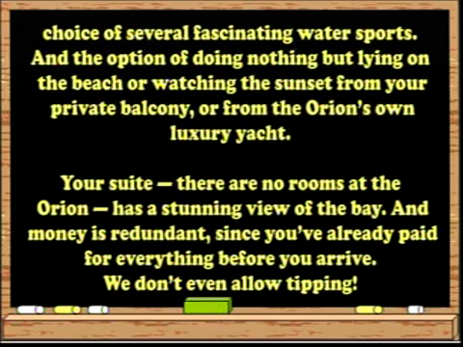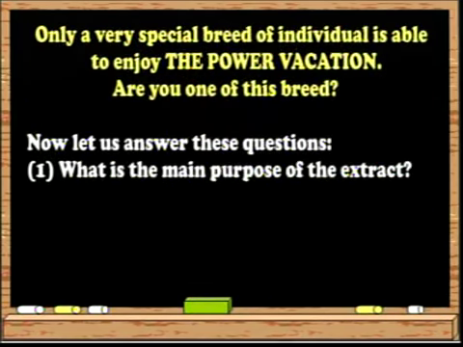Your suite, there are no rooms at the Orion, has a stunning view of the bay, and money is redundant since you've already paid for everything before you arrive. We don't even allow tipping. Only a very special breed of individual is able to enjoy the power vacation. Are you one of this breed?